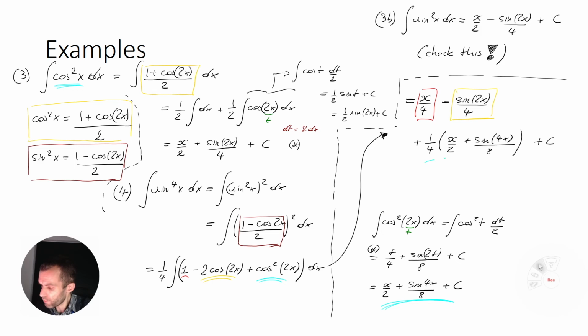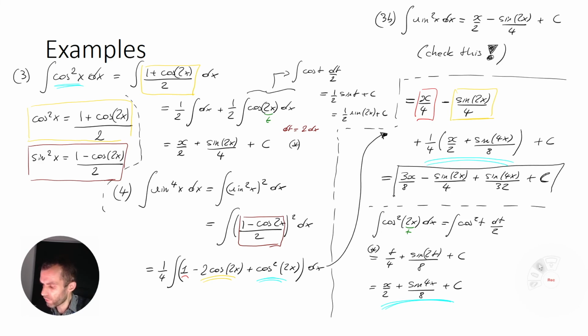And I'm going to have just enough space to write the final answer. So the x over 4 and the x over 8 here combine to give me 3x over 8 minus sine 2x over 4 plus sine 4x divided by 32 plus a constant. So this is my final answer for the integral.